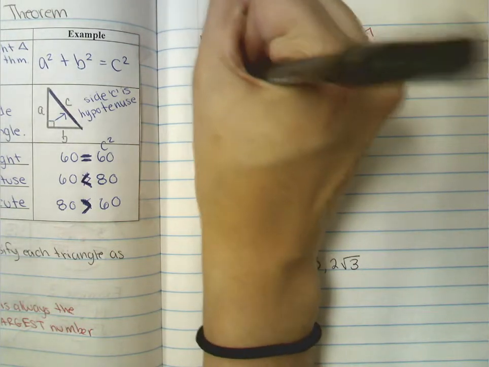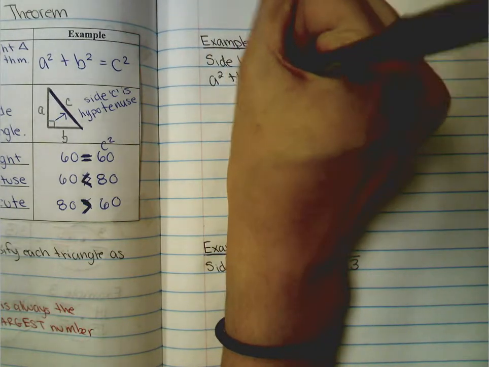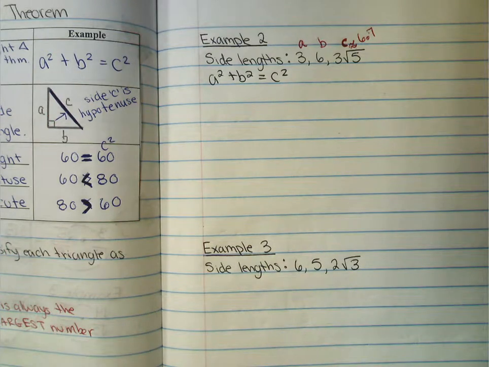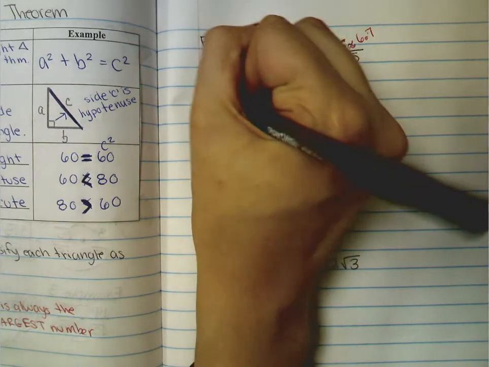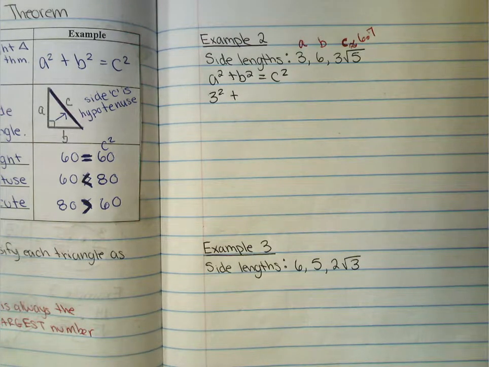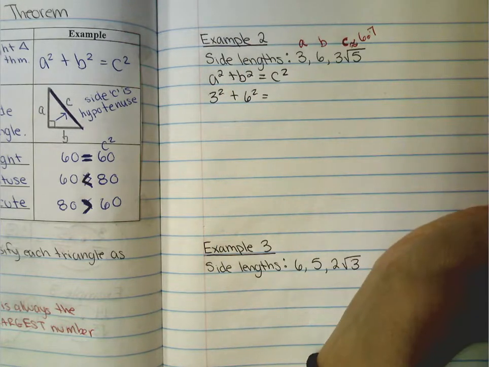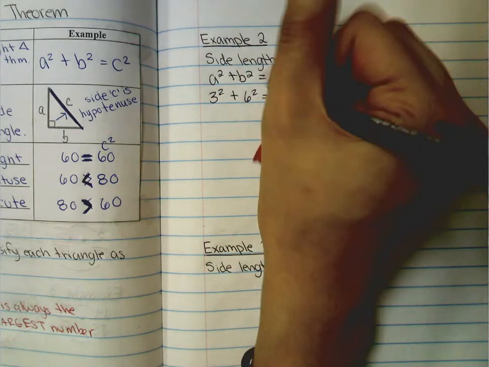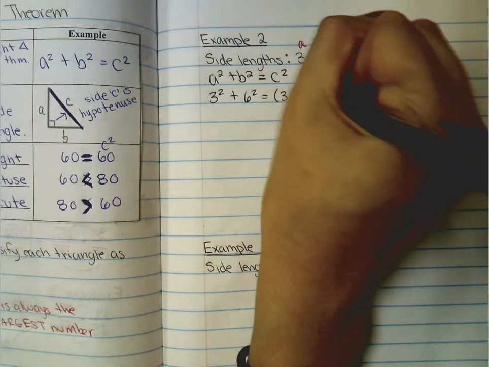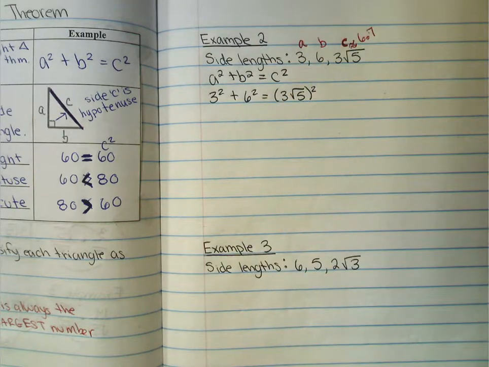So here's my formula. A squared plus b squared equals c squared. And I'm just replacing my letters with numbers. So a is 3. b is 6. And then c is 3 square root of 5. So I'm going to put all that in parentheses, and then square.